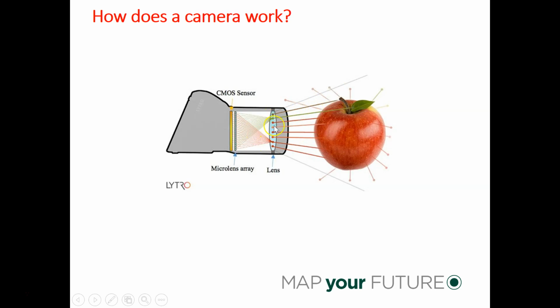There is a lens here that collects this reflected energy, and then those rays pass through onto the camera sensor right here. All right. And that's being recorded on some medium like film.